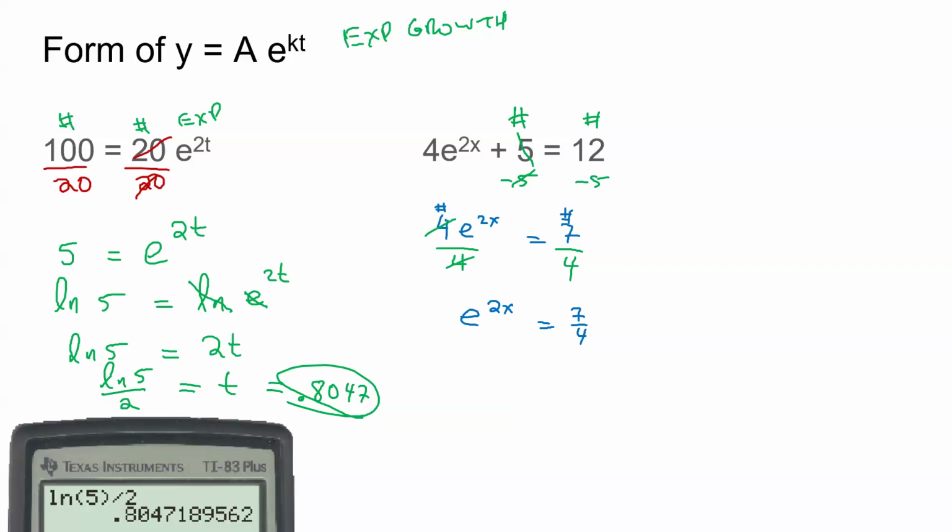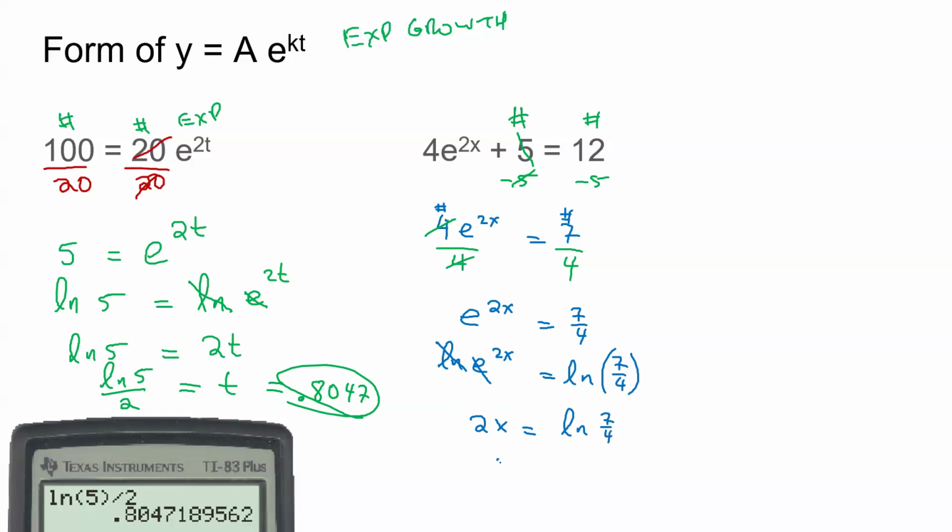And again, you could take the common log of both sides, but it'd be so much better to take the natural log of both sides, because I can do the natural log of 7/4 on my calculator. But over here, the natural log of e to the 2x is going to give me a 2x.